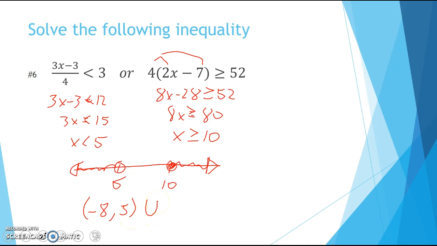Then for the other one, there's the union of these two sets. It's going to start at 10 and go to positive infinity. But I have a bracket here instead of the parenthesis at 10 because it includes the 10, where it doesn't include the 5. And so in interval notation, it would look like this.